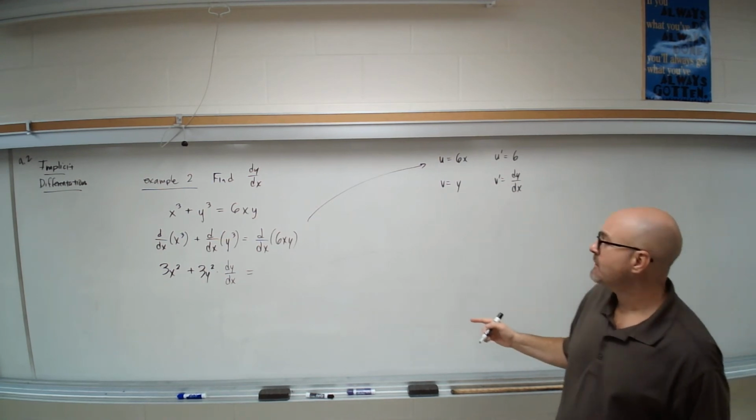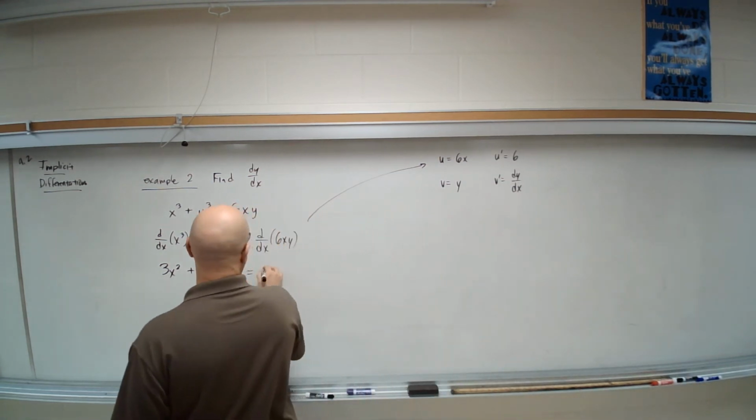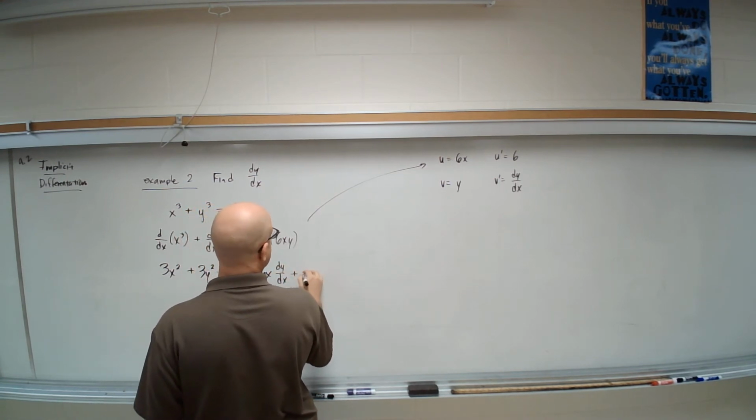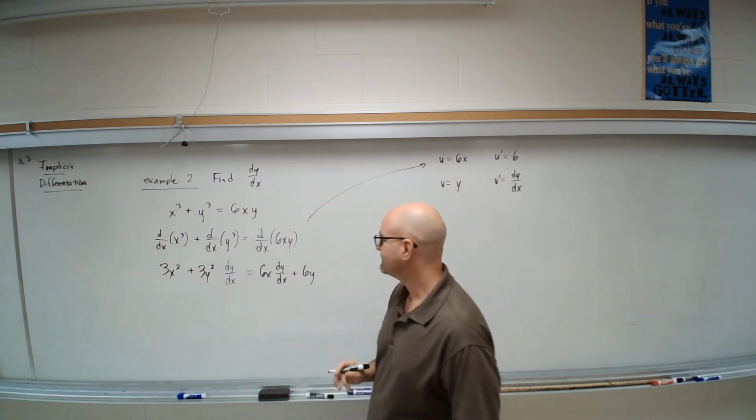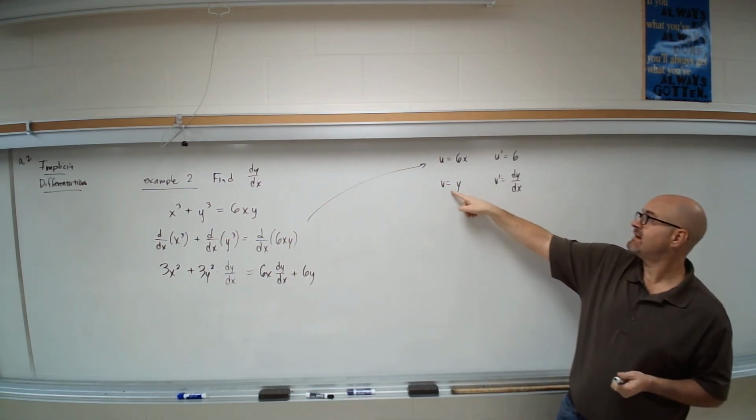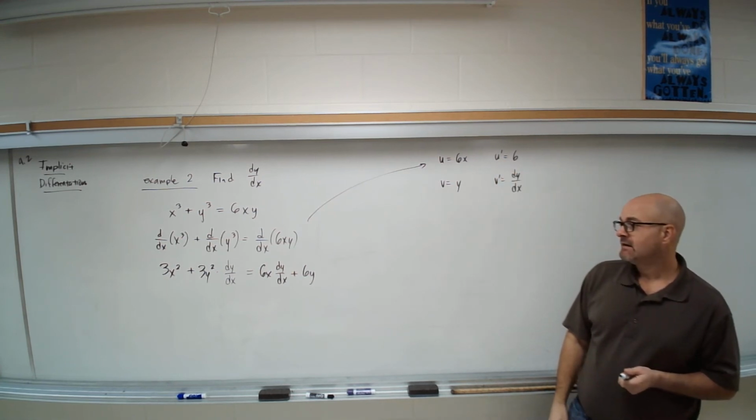So when we put these together, we get 6x dy dx plus 6y. So u times v prime plus v times u prime. So now we have this.